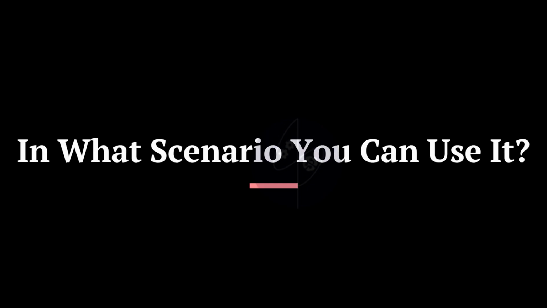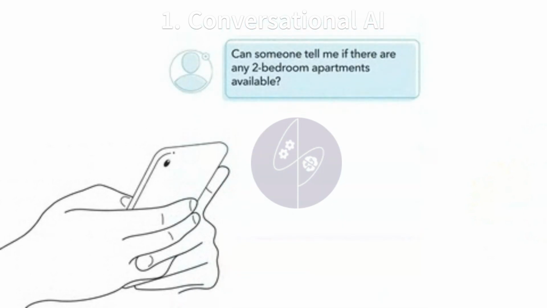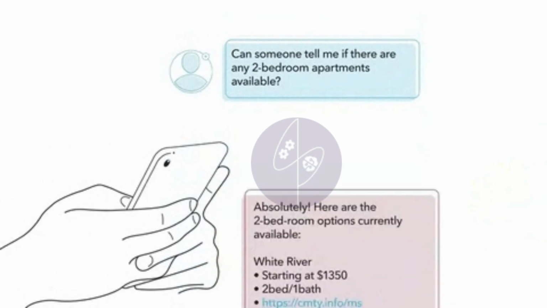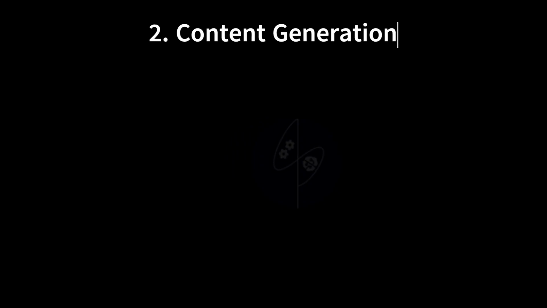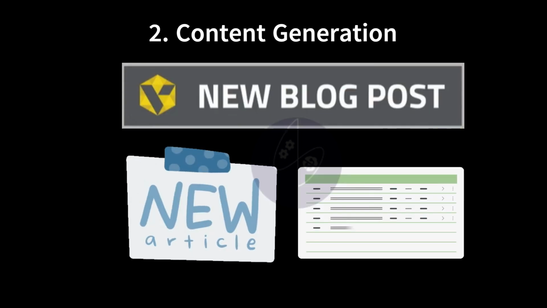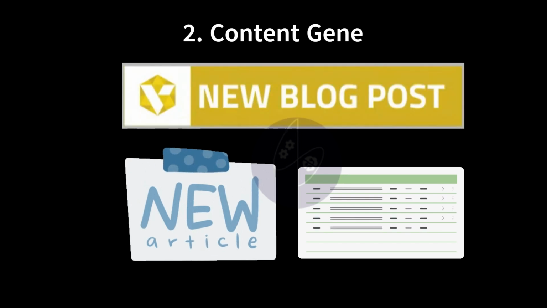In what scenario you can use it? Prompt engineering is valuable in various scenarios. 1. Conversational AI. Employ it in chatbots and virtual assistants to generate coherent and contextually appropriate responses during user interactions. 2. Content generation. Use it to automate content creation for blogs, articles, and reports, ensuring the generated text aligns with specific content requirements. 3.